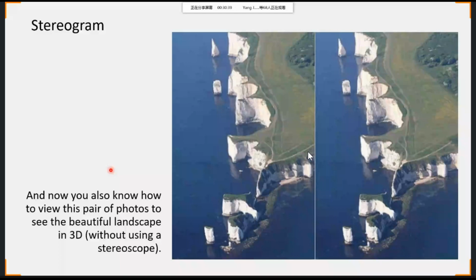So here is the same. You can look at these two images, and then you try to move them by looking in front or behind these two images, so that they are somehow moved over each other, and then you have a three-dimensional impression.